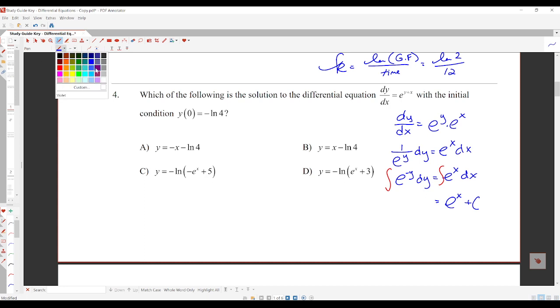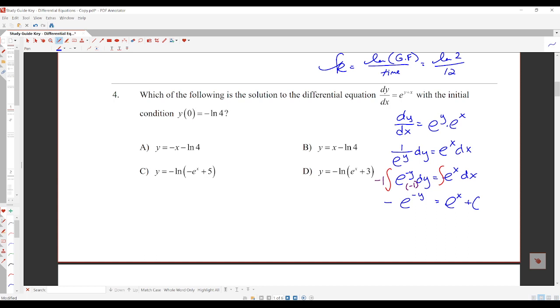That means I need to put in a factor of -1, the derivative of negative y, and we balance it by putting a -1 on the outside. So now I get negative e to the negative y. If you're a little unsure about that, go ahead and differentiate this and see that we do get back e to the negative y.